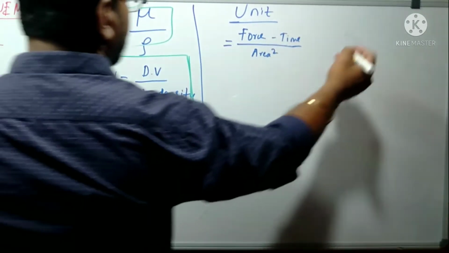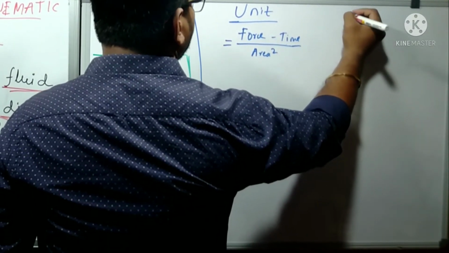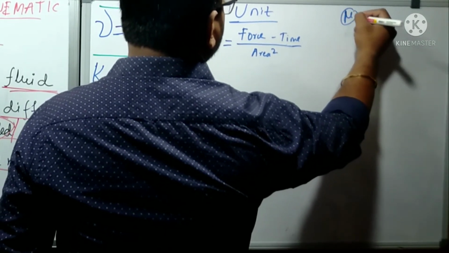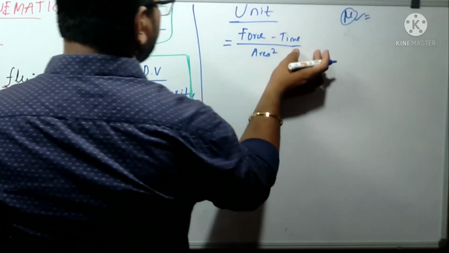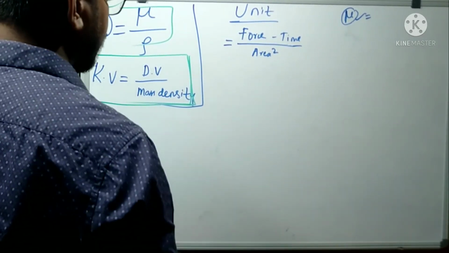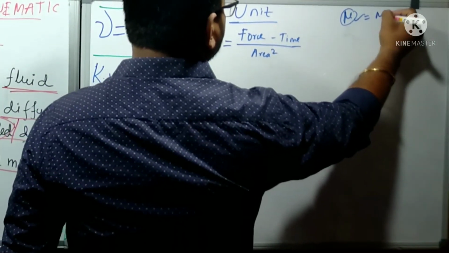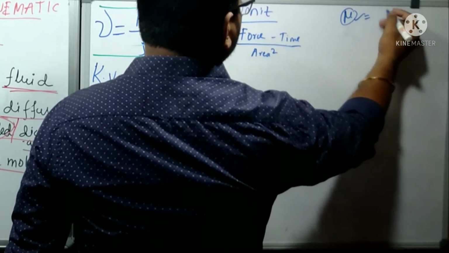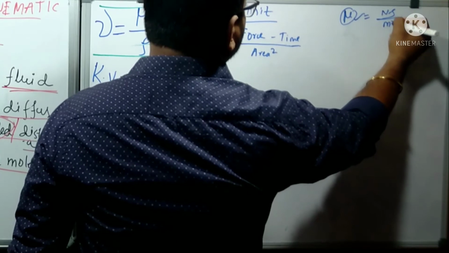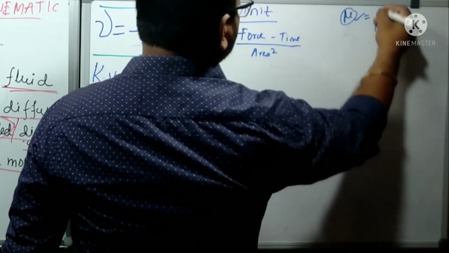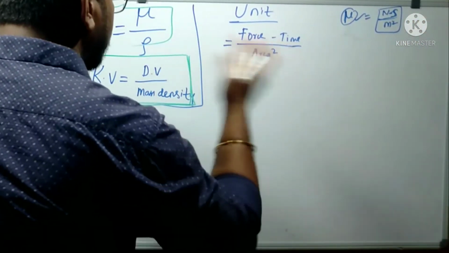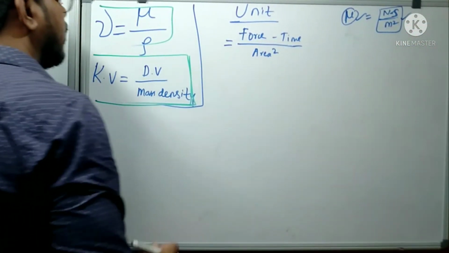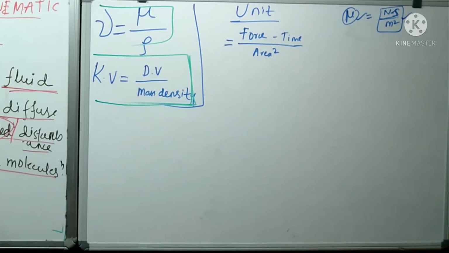Remember, the unit of dynamic viscosity in CGS was force into time per area square. In SI unit that was Newton second per meter square, as we discussed just a few minutes ago. So force into time per area square was the unit of dynamic viscosity.